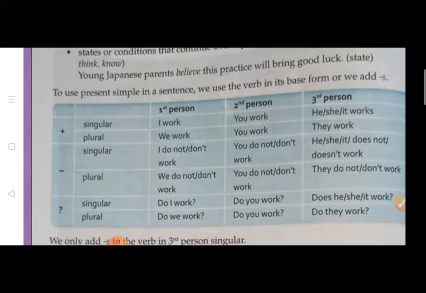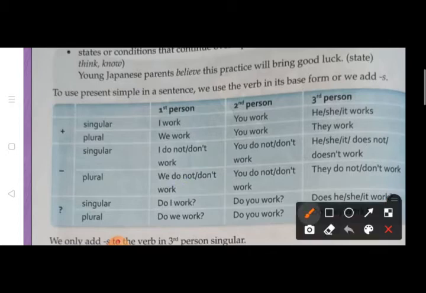With the first person plural, we write we don't work. With the second person plural, we write you don't work. And in the same way, for third person plural, we write they don't work. So students, we use does or doesn't only with third person singular. For the rest of the forms, we use do or don't.